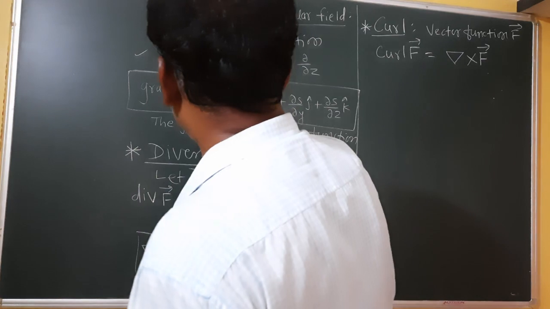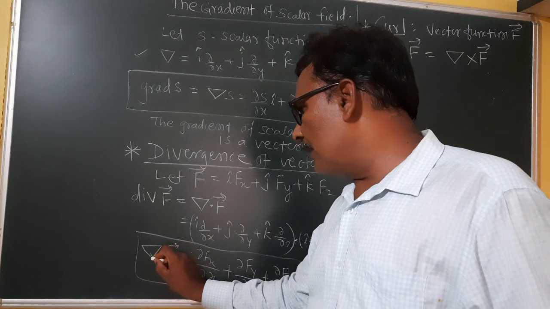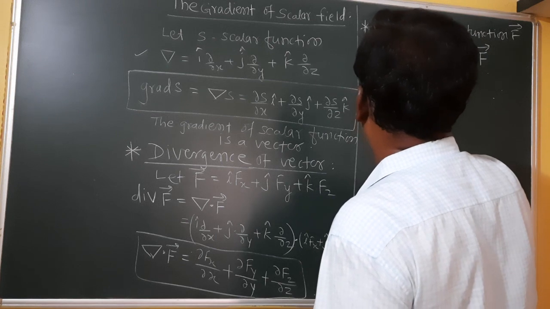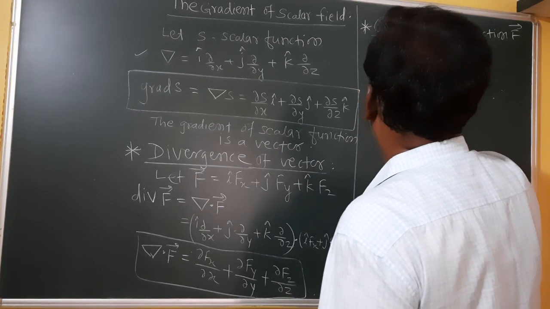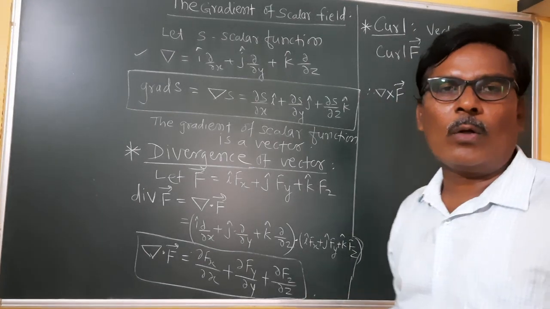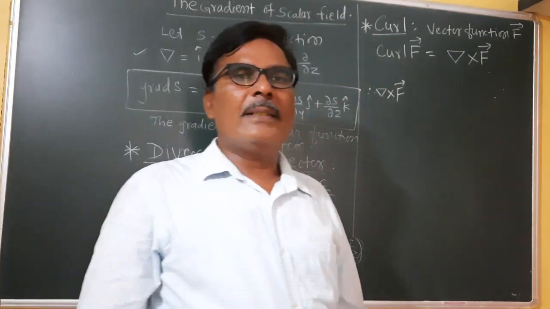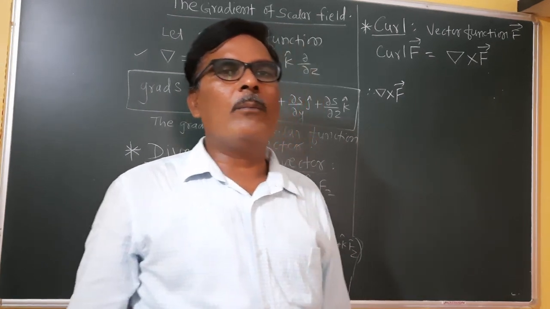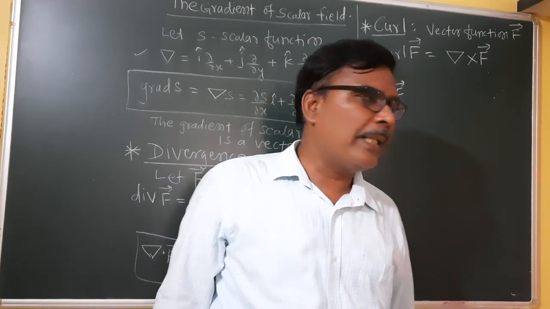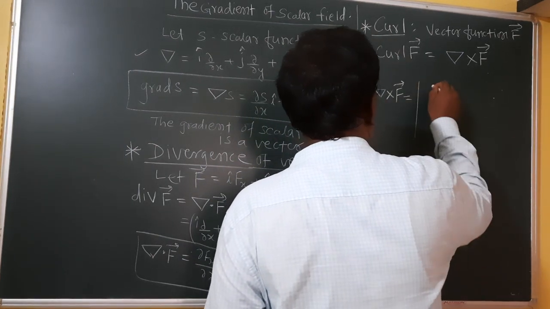Gradient of S is del S, divergence means dot, and curl means cross. We write A bar cross B bar as the determinant of i, j, k, where A bar has components Ax, Ay, Az and B bar has components Bx, By, Bz. Finally, the curl of F bar is the determinant with i cap.